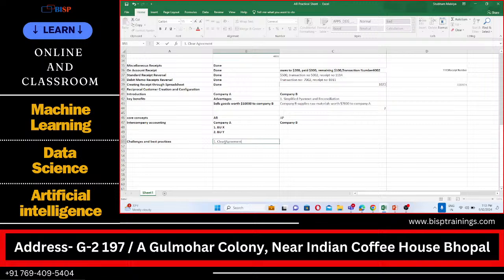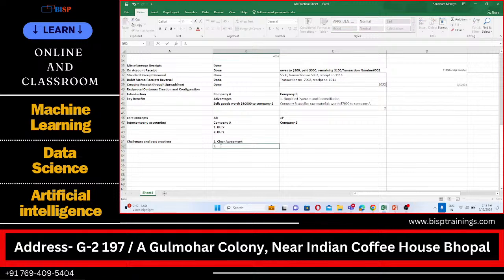We ensure there is clarity in contractual agreements between your organization and the reciprocal entity. Define clear payment terms, credit limits, and offsetting rules. For example, if company A and company B have agreed to offset balances automatically every month, this must be included in their contract and set up in Oracle Fusion for seamless automation.